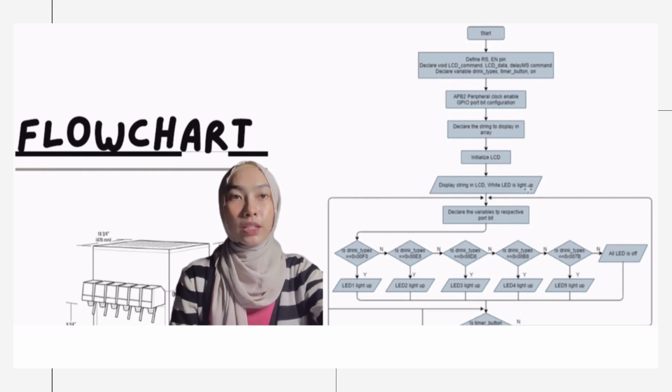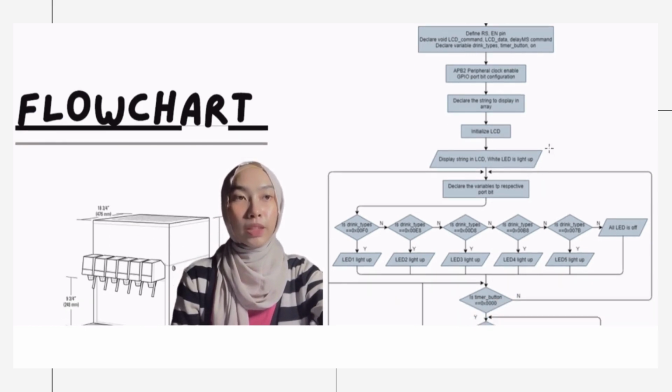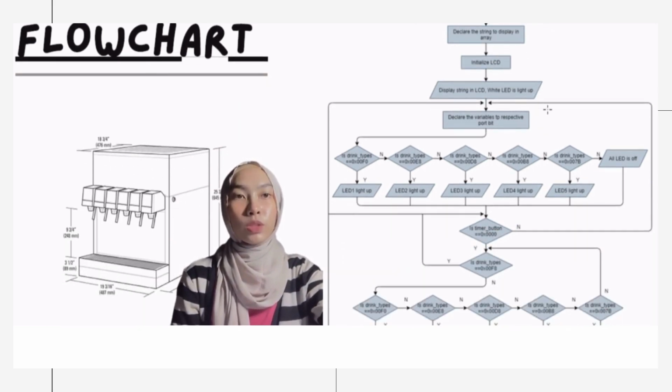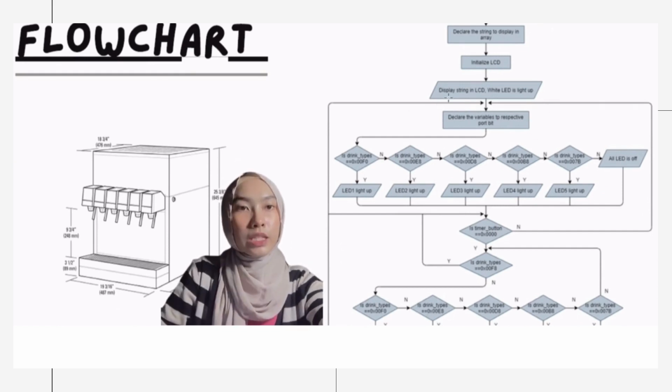Next, it will declare the variable to the respective port bit, and it will start to check the condition for the drink type variable. This condition indicates the first switch, and if the first switch is closed, the LED will light up, and if not, it will proceed with the next condition. And these conditions represent the second, third, fourth, and fifth switches, and it will respond according to the condition.